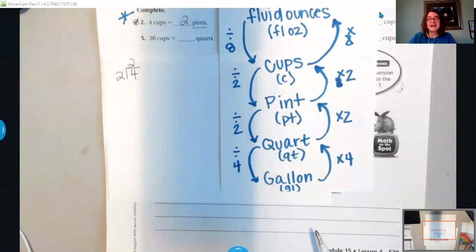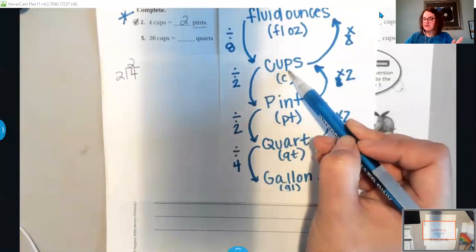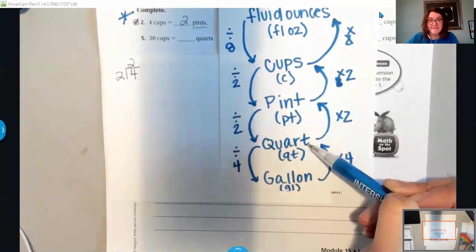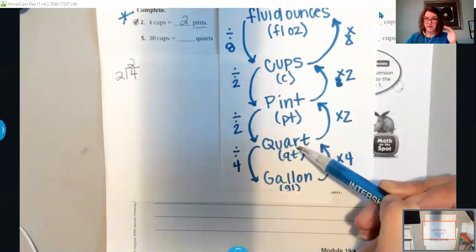Now let's look at 20 cups to quarts. Now notice, when we go from cups to quarts, we are not just going 1 unit, we're skipping units, but you cannot skip the unit. So you're going from cups to quarts, but we have to do everything along the way.